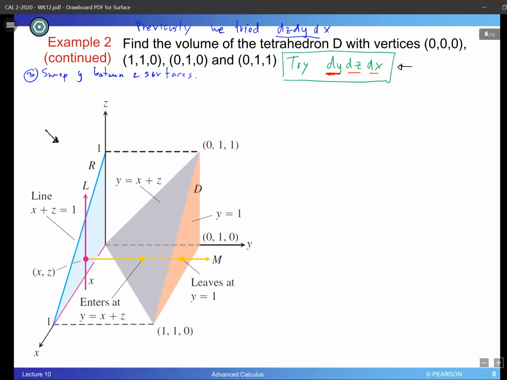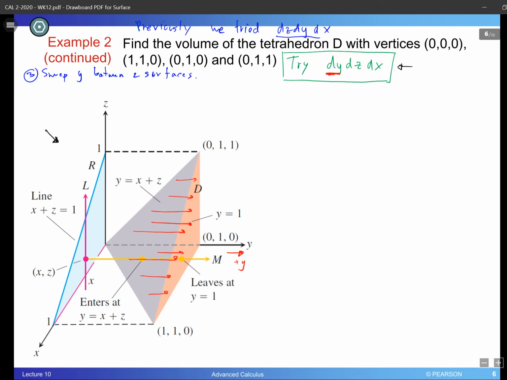So let's take a look how it's going to be different this time. Since we are going to sweep y first, we are going to sweep in this direction, positive y. And let's take a look at this object right here. We are going to sweep throughout the object using this sweeping pattern, from left to right, over the whole range, the whole object. Okay, something like this.